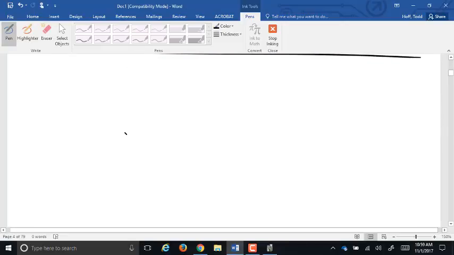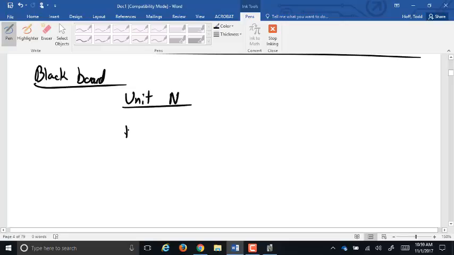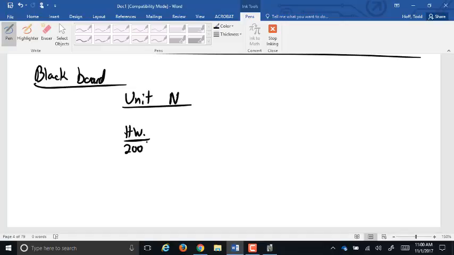If you'll notice, by the way, if you go on Blackboard, I started the grade book in Blackboard. For Unit N, I entered in a homework grade out of two. I added up all the points and crunched it into 200 points: I got a percent and just doubled that percent to make it 200 points.